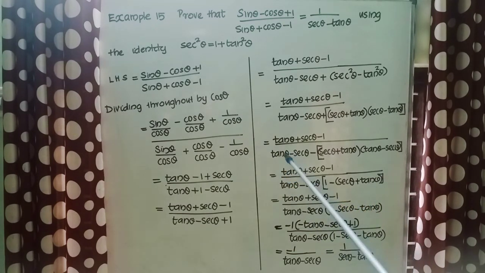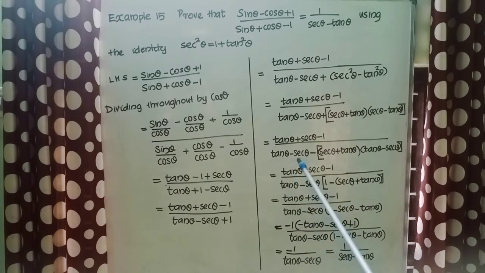Now you can see here tan theta minus sec theta, here also tan theta minus sec theta, we can take it outside. If we take tan theta minus sec theta from here, there is remaining 1. If we take tan theta minus sec theta from here, there is remaining minus sec theta plus tan theta.